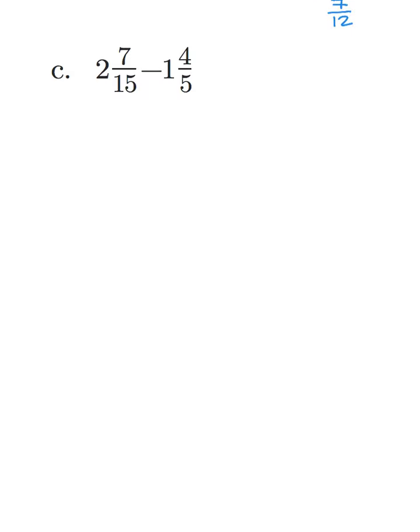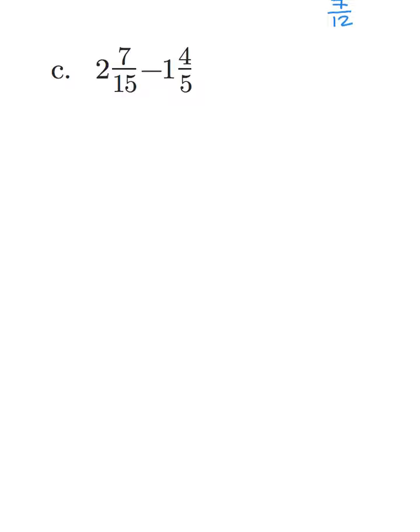C, we have 2 7/15 minus 1 4/5. Recall that when we talk about mixed numbers, the first thing that I want to do is convert it to improper, just because that way, whenever I see mixed numbers, I know I want to convert to improper as my first step.